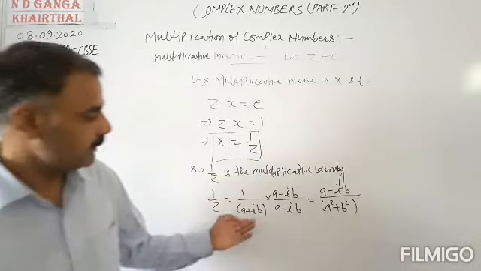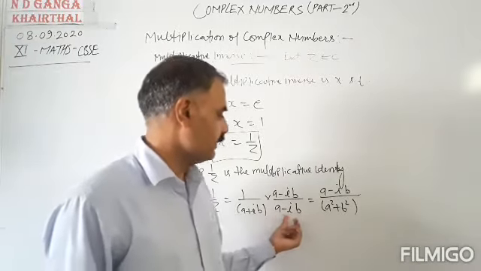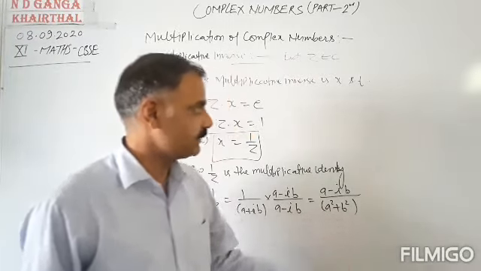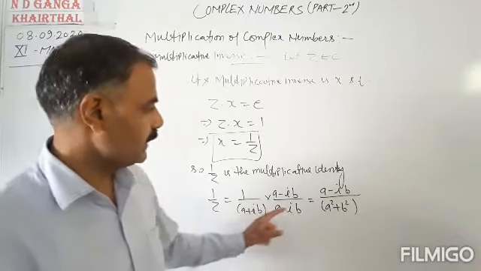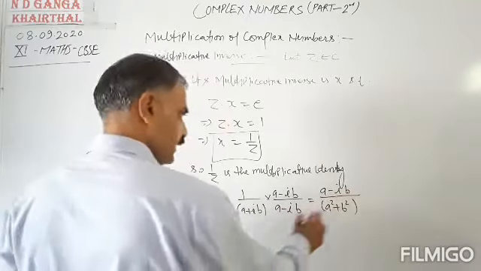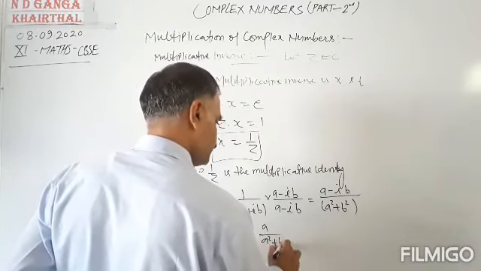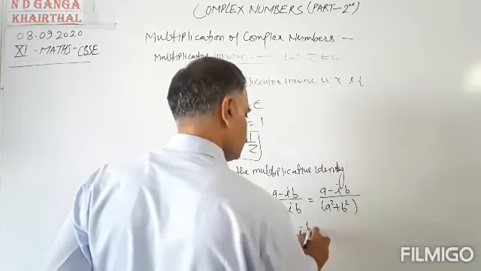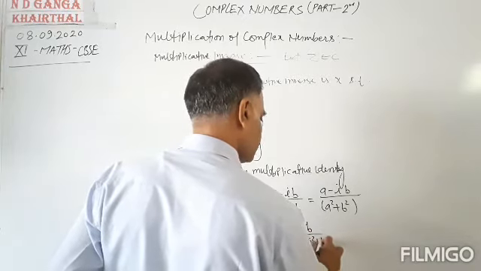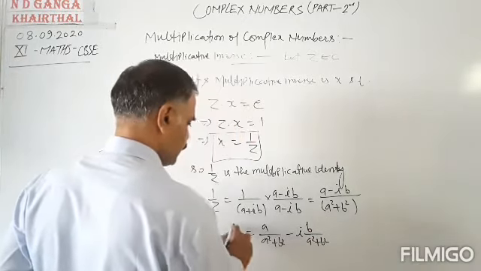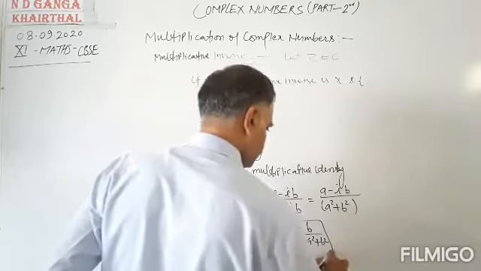After multiplying A plus iota B and A minus iota B, we get A square plus B square. So 1 upon Z equals A upon A square plus B square minus iota into B upon A square plus B square.